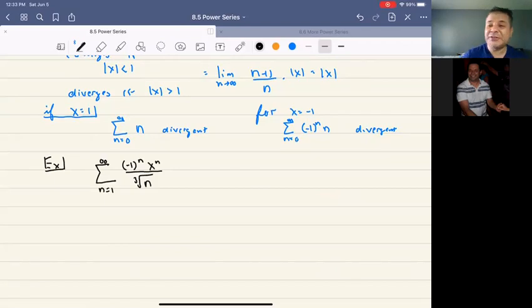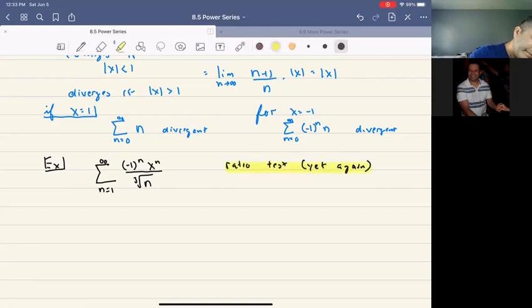Remember, for the ratio test, if that limit is less than 1, your series converges.